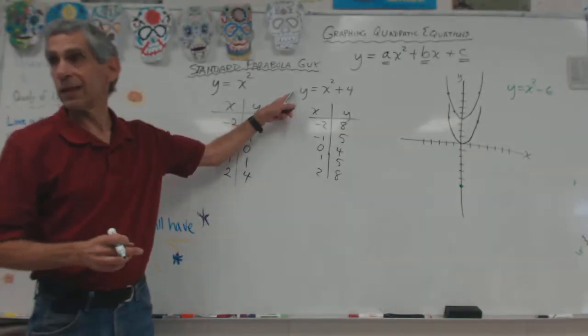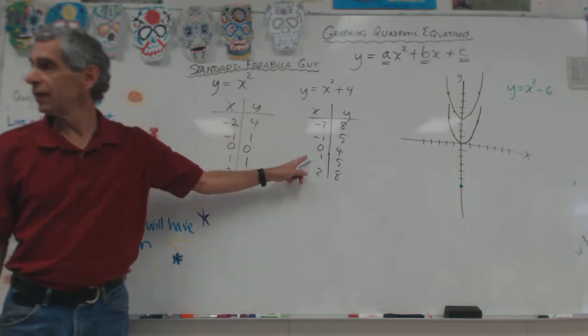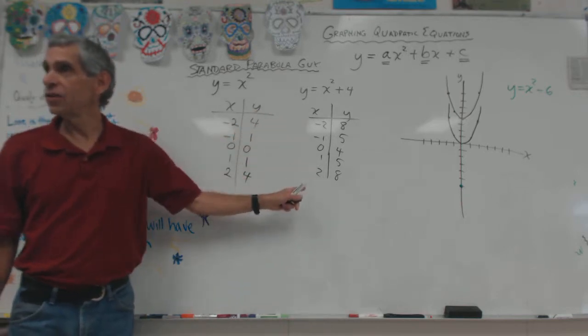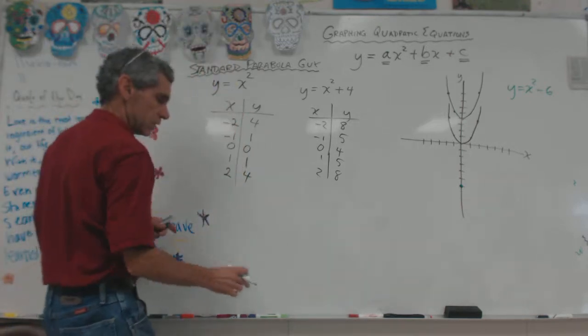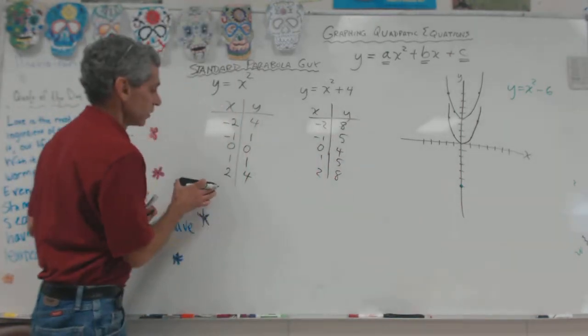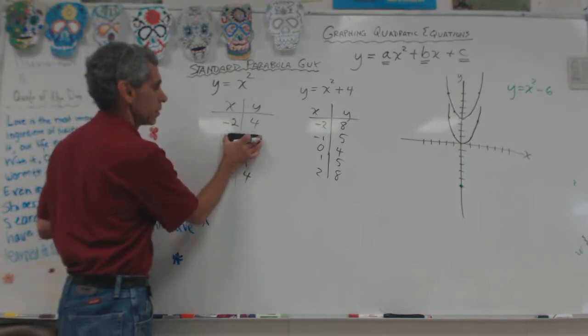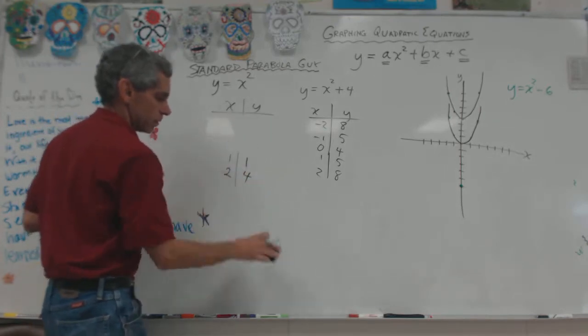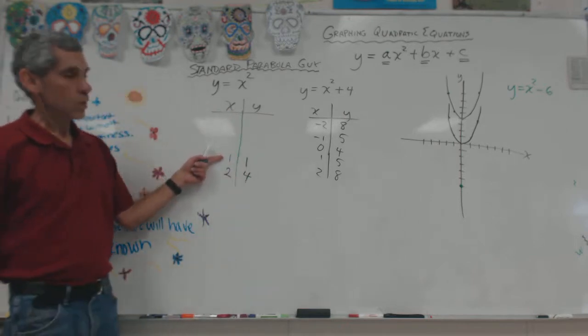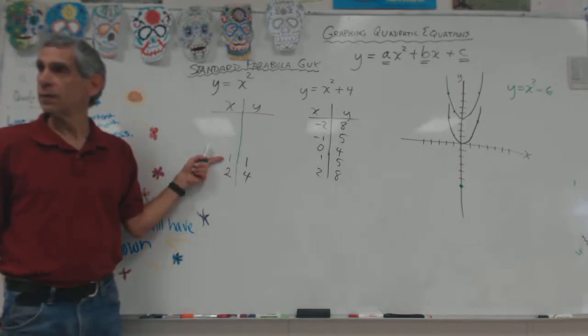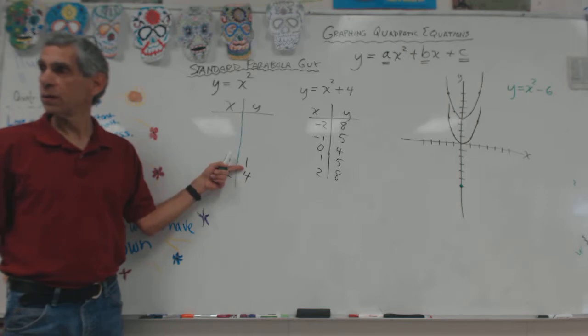And now I'm going to show you the beauty of standard parabola guy. Instead of doing a t-chart, this is what I want you to think of. Over 1, up 1. Over 2, up 4.